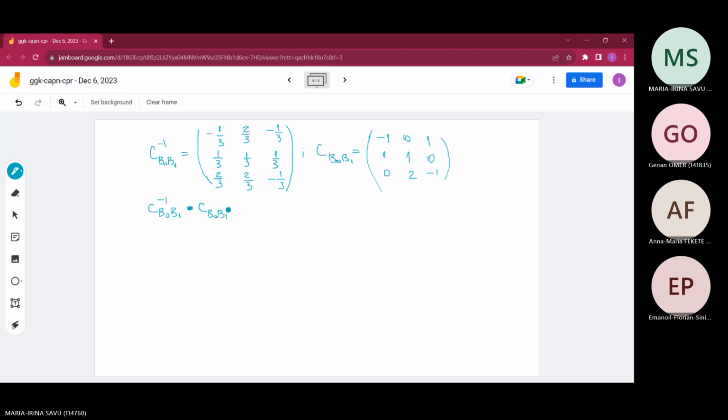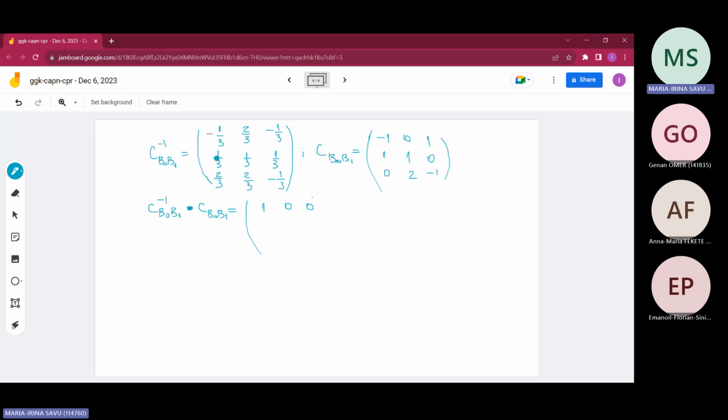Let's check. This row times this column is minus 1 over 3 times this one plus 2 over 3, which is 1. Then this line times this line gives 2 over 3 minus 2 over 3, which is 0. Because you have minus and then plus, it's 0 here.